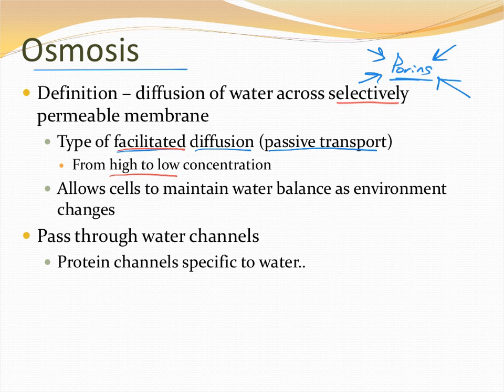It allows the cell to maintain a water balance in the environment. So we'll talk about what that means. And when we're talking about balance, what do you think we're talking about? Concentration. And yes, the word dynamic equilibrium.